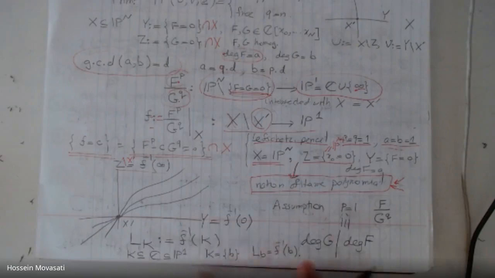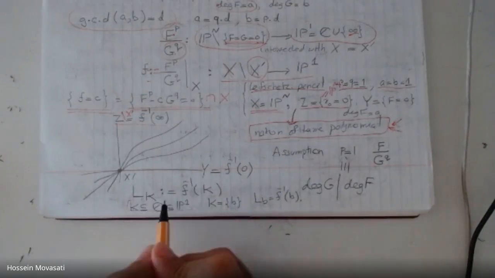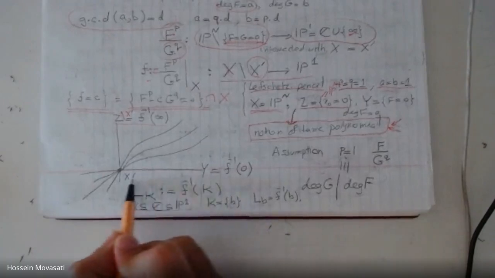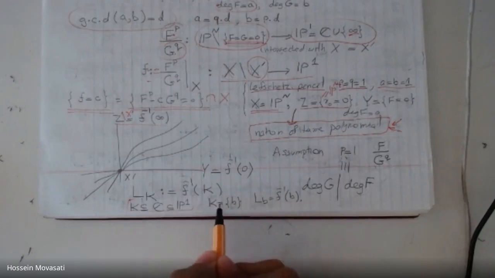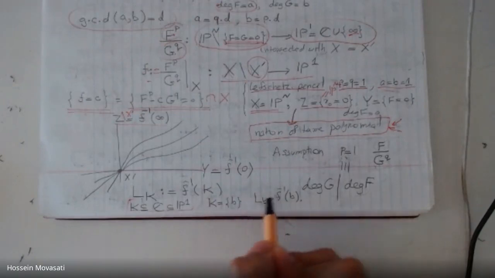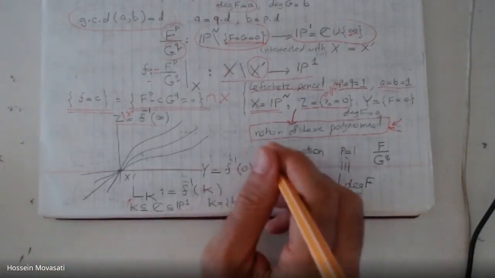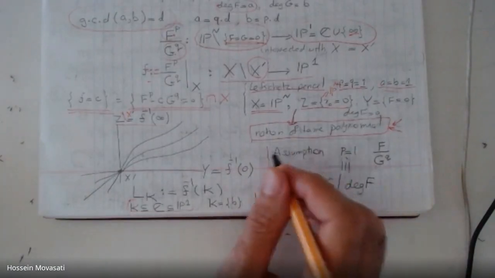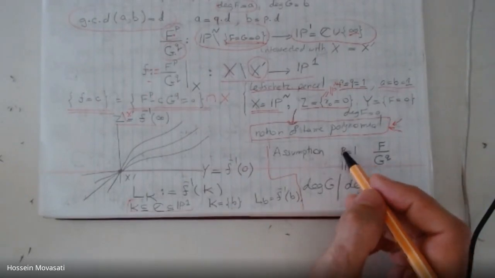And let's introduce more notation. So for any subset K of C, L_K will be f^(-1) of the set K. And when the set K is equal to just a point, L_b will be just the fiber over b, the fiber of f over b, f^(-1)(b). And for some reason that you will see in the proof, we will just consider the case p equal to 1.